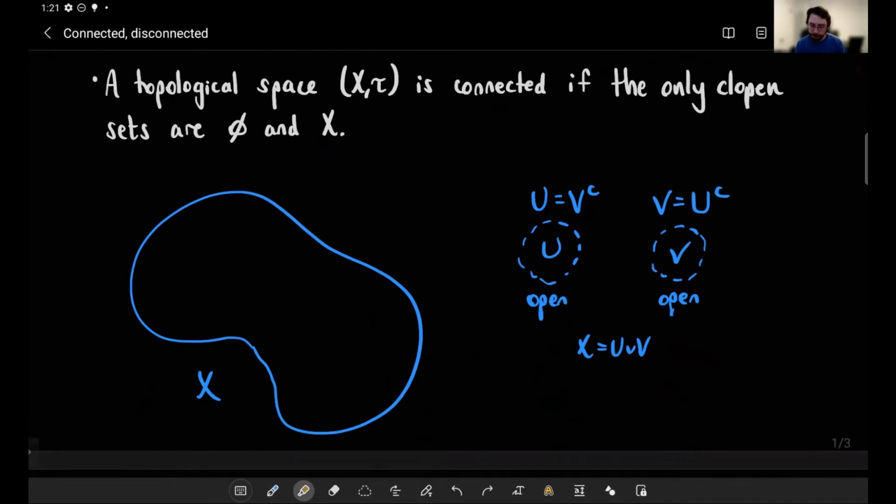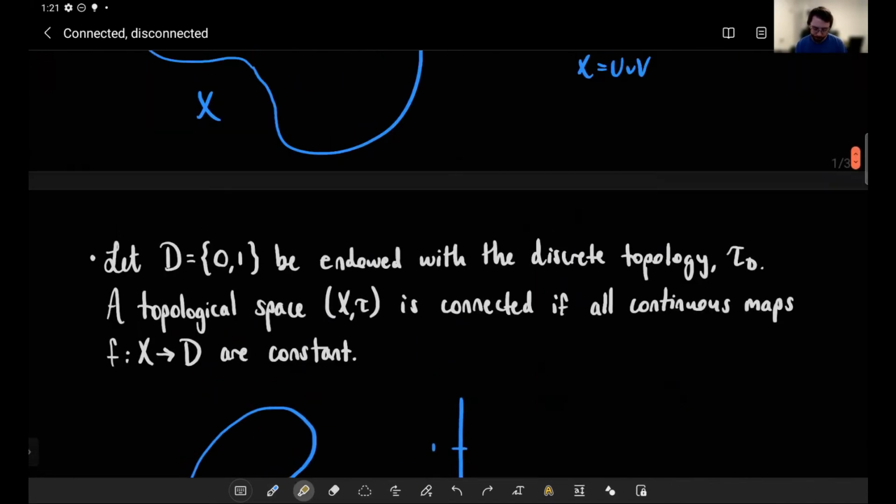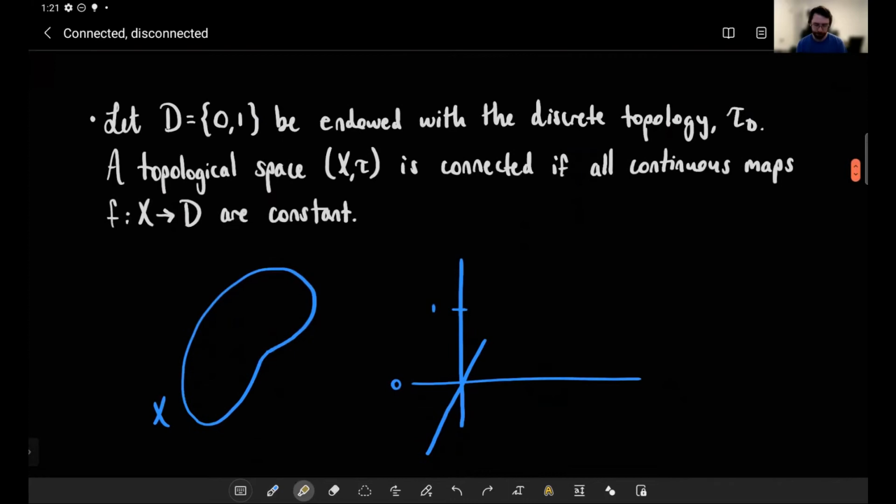Though my favorite definition of connected is this. So we have to define a discrete space. I'm going to call it D, and I'm just going to give it 2 points. I think you can do more than 2 points if you want, but it's easiest to understand in the case with the points 0 and 1.